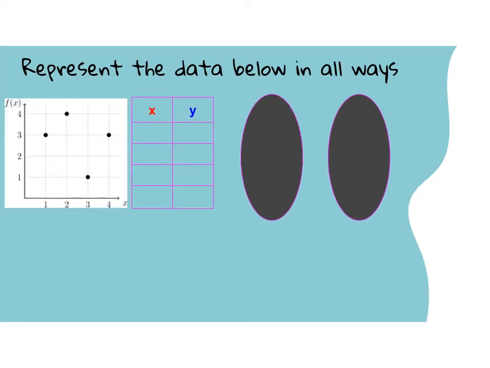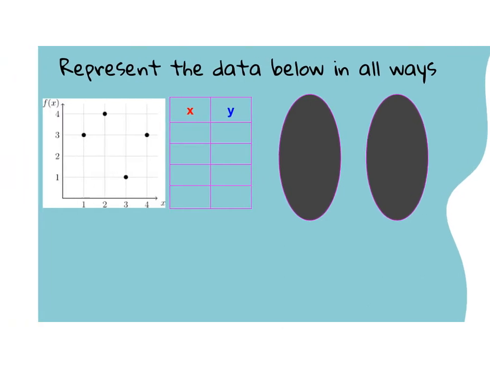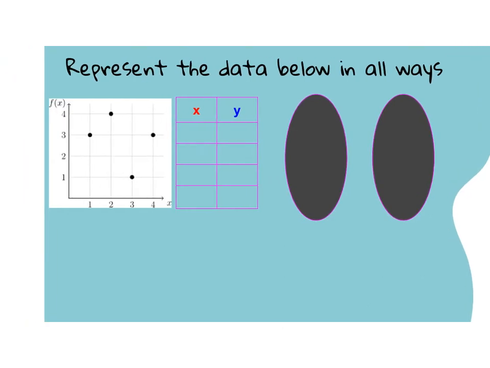I'm going to do one more example just in case you did not get that. This time I'm going to find the x and the y value of each point at the same time. So for this first point right here, I can see that my x value is 1 and my y value is 3. Therefore, my point is 1, 3.